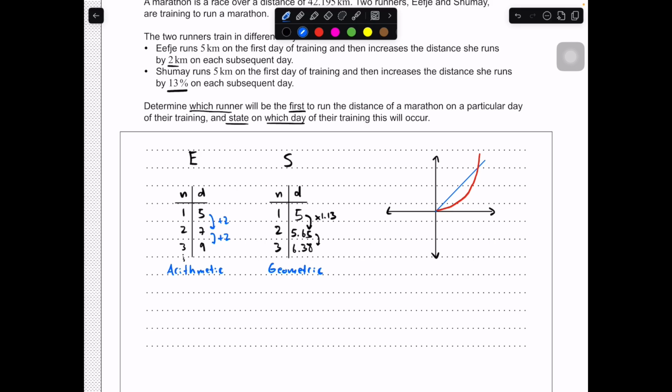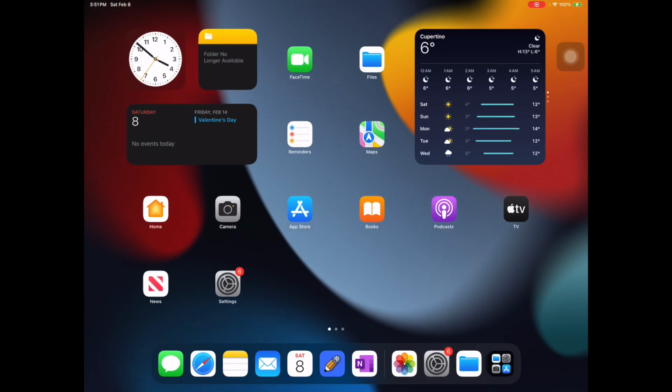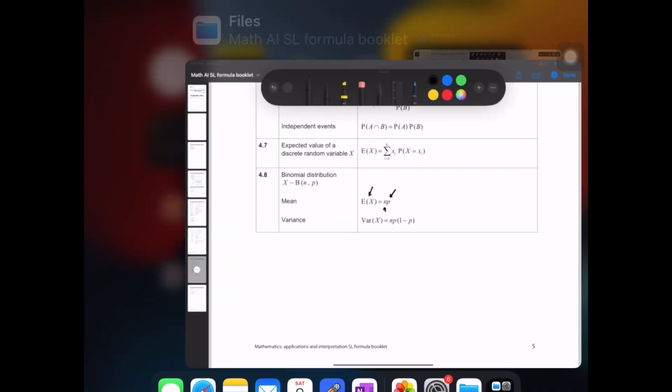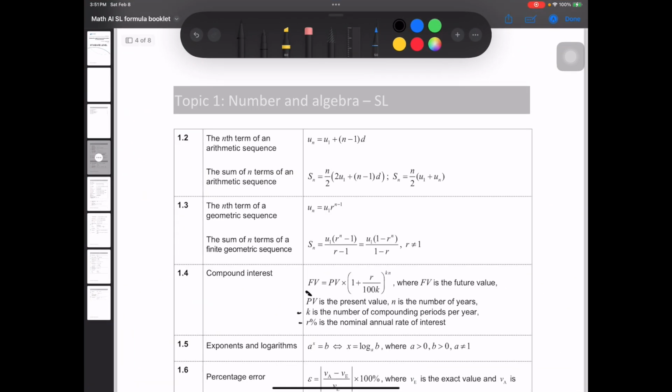All right, arithmetic sequence. We can go to our formula booklet and check out the formulas for each. So here we are. Nth term of an arithmetic sequence, this is term 1, n, term number, and then common difference. So what we're going to need is the first term and then the common difference.